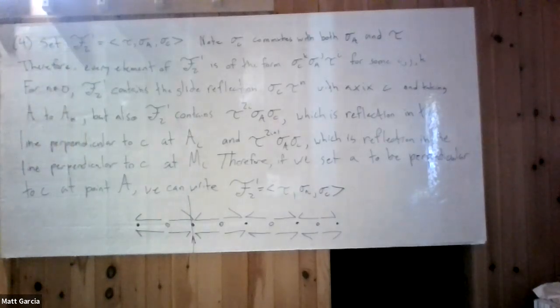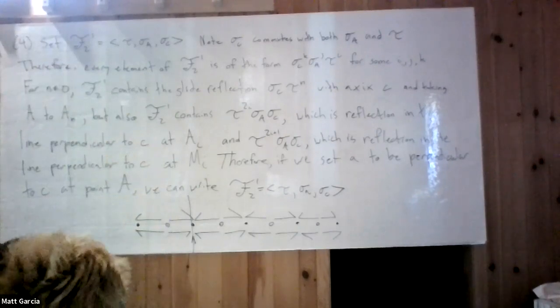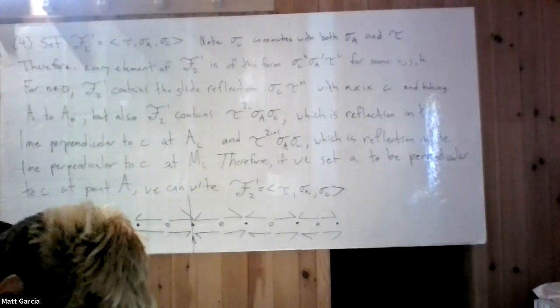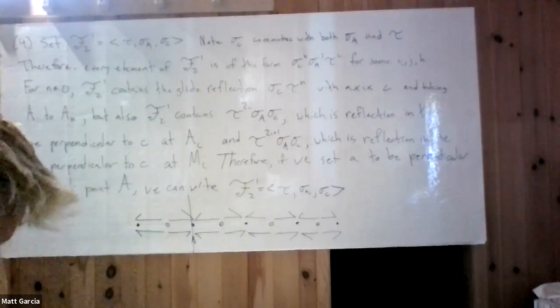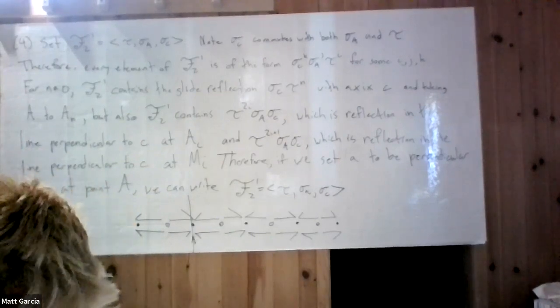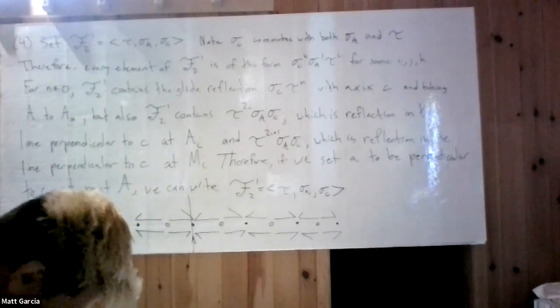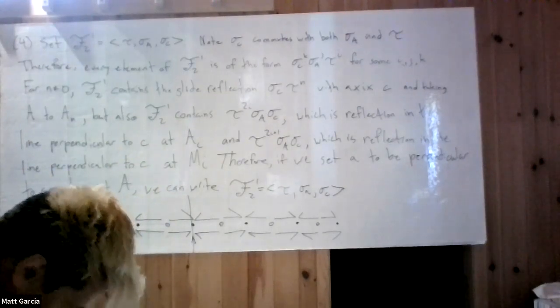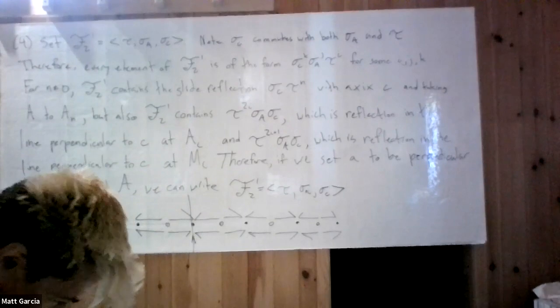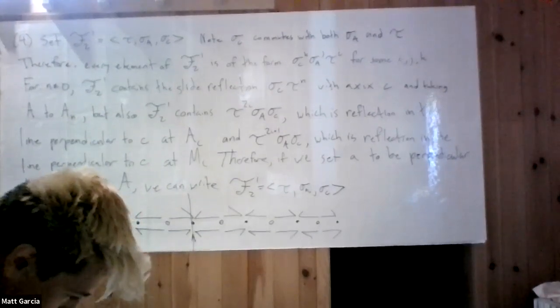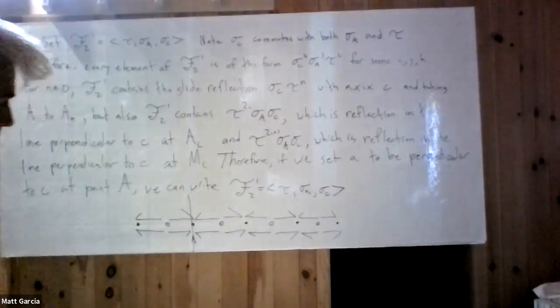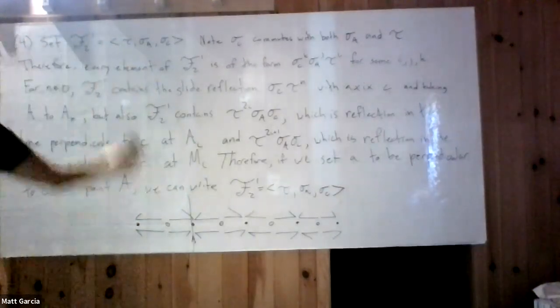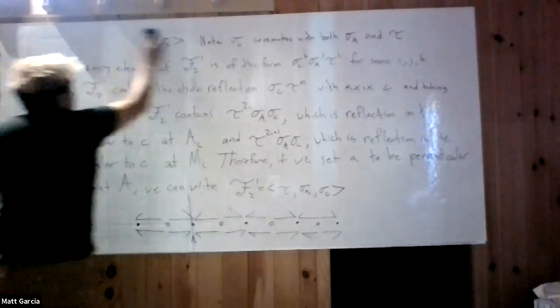Okay. So what can we say if we assume that F does not contain a half-turn, but it necessarily contains a reflection in a line perpendicular to C? Well, let's discuss that in some more detail.